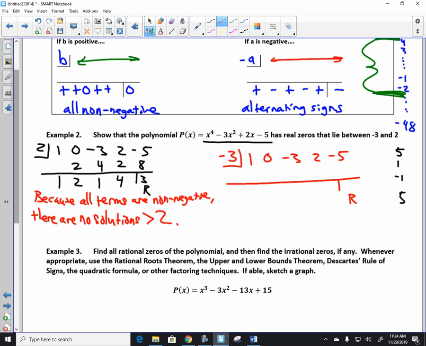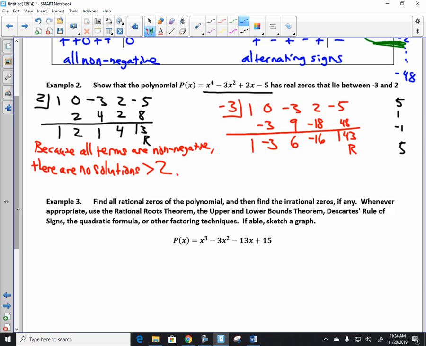Tracksters, you all understand. Drop the 1, negative 3. Add negative 3, multiply, 9. Add 6. Negative 18. Add negative 16. Add 48. Add 43. What do you notice about the results?